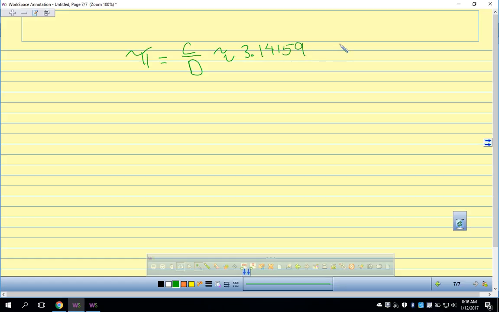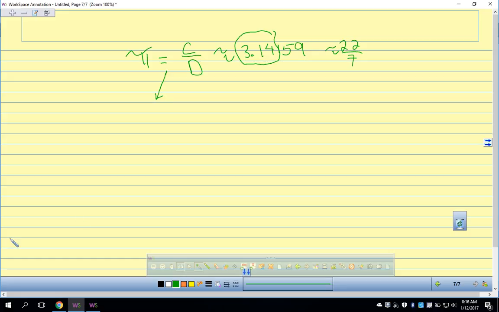In some books they use 22/7 as a pretty good approximation, but by no means is that exactly the value of pi. Usually we use 3.14 if we're going to round off an answer using pi.